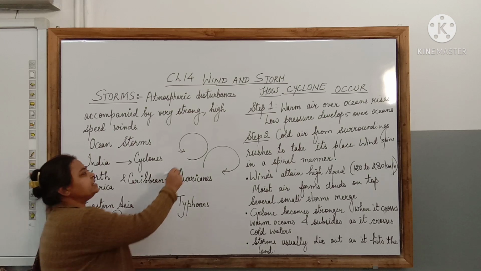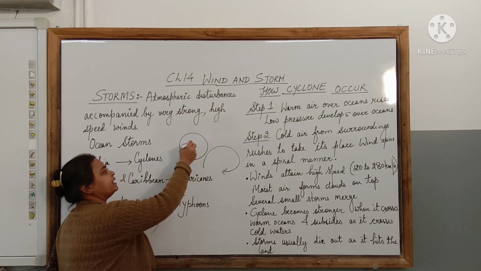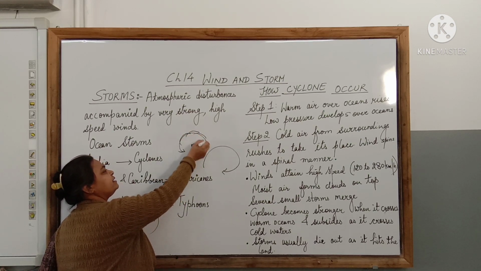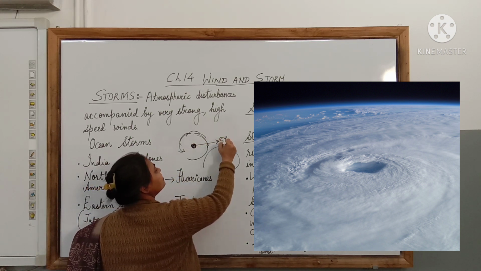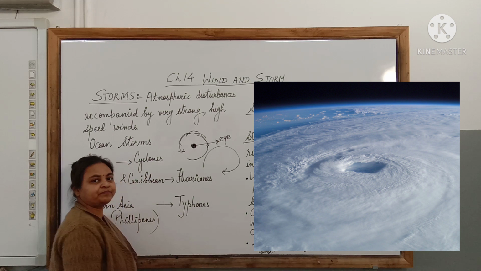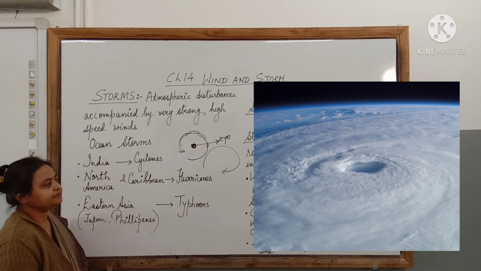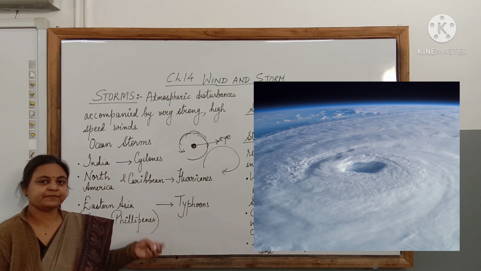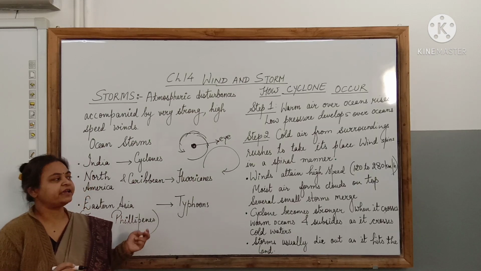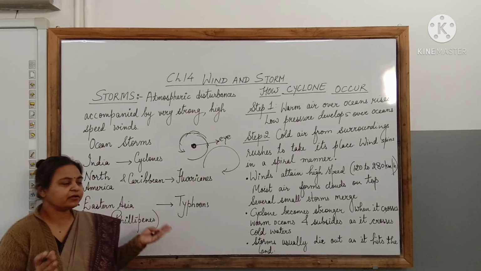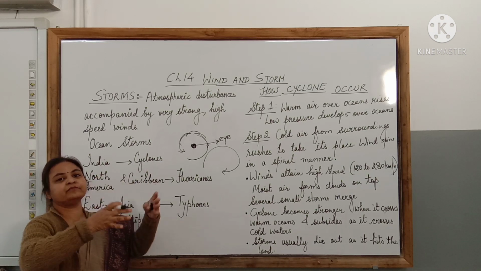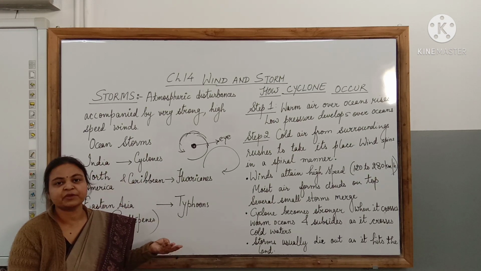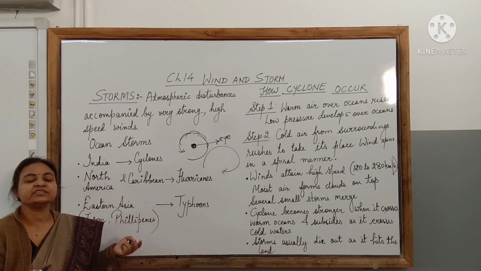There is a low pressure area in the center of this, with high speed winds blowing around it. This low pressure area is called the eye of the cyclone. Now these winds keep on attaining high speed, and along with that, moist air goes up, and there is a lot of moisture because of the evaporation in the oceans.